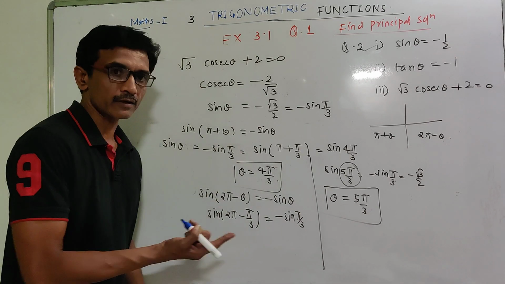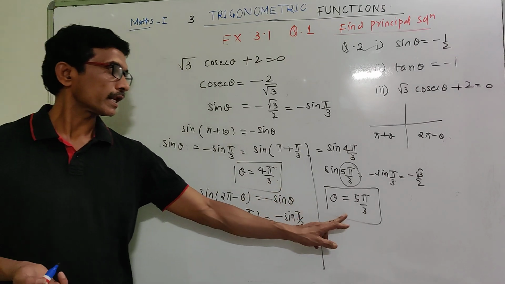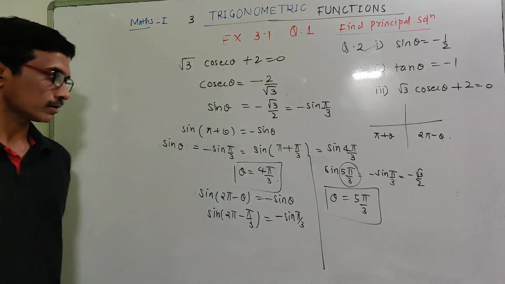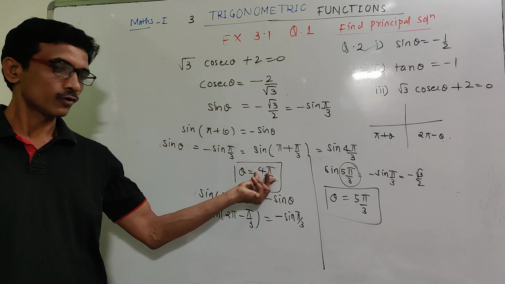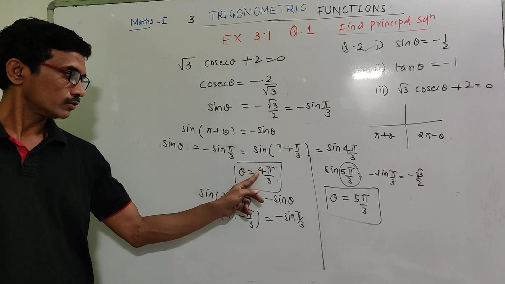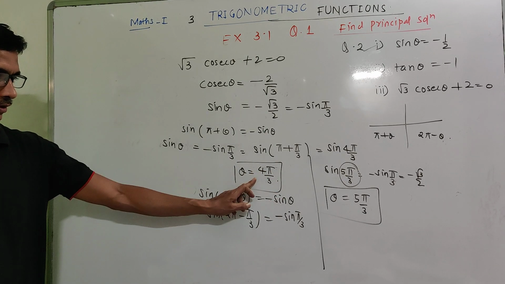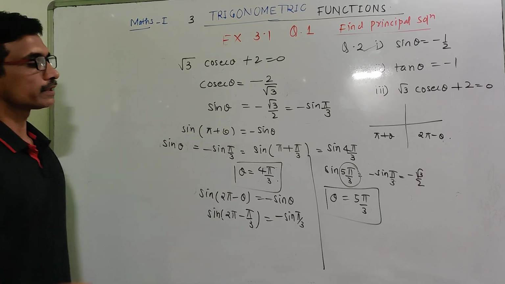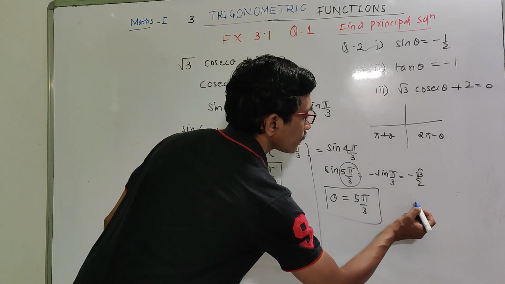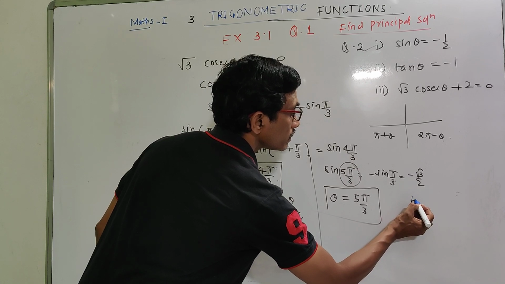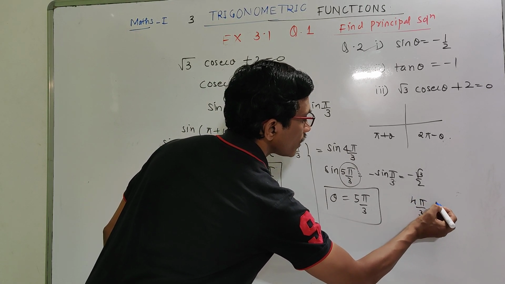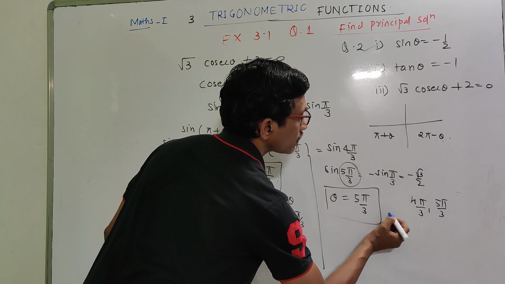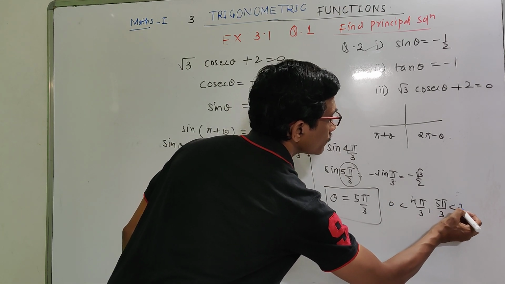Therefore, check whether both the angles are lying in 0 and 2 pi or not. This is 4 pi by 3 is 4 into 60, 240, and 5 into 60, 300. Clearly it is less than 360 degree. So you will write here 4 pi by 3 and 5 pi by 3 both lying in 0 and 2 pi.